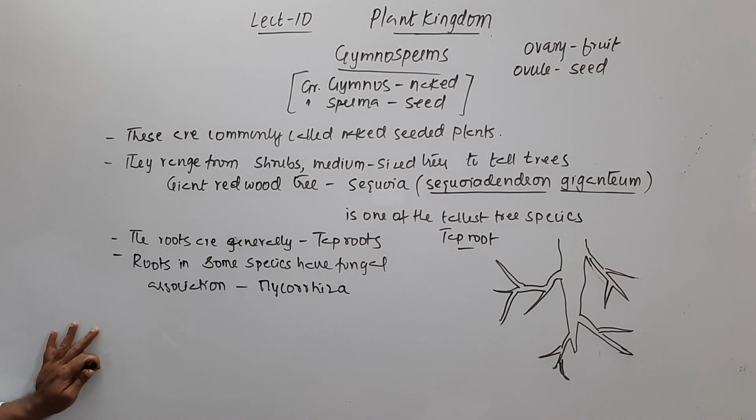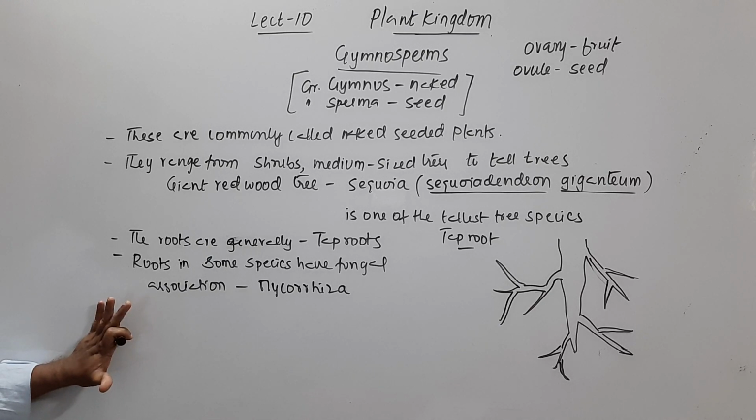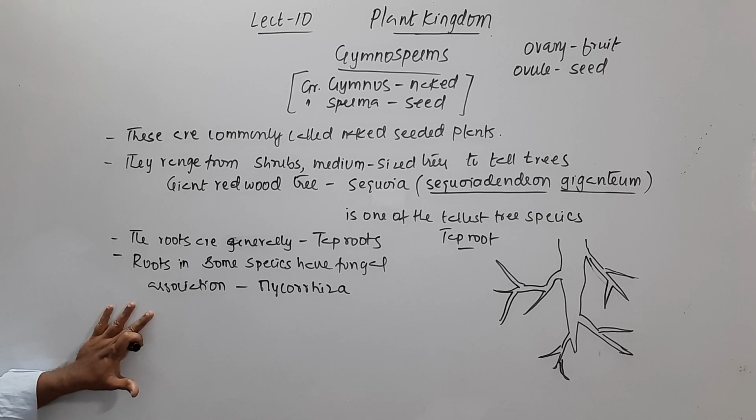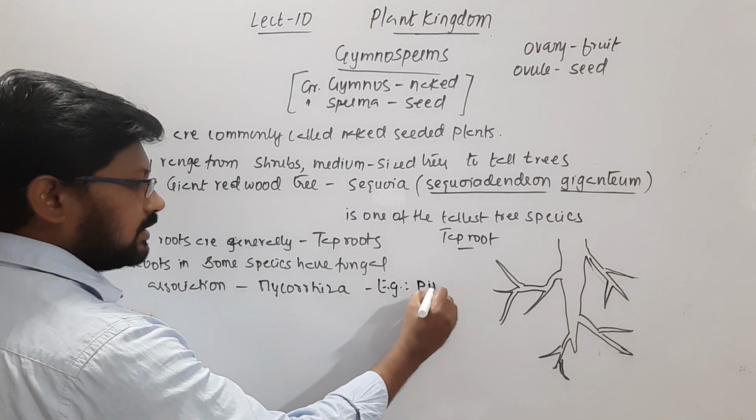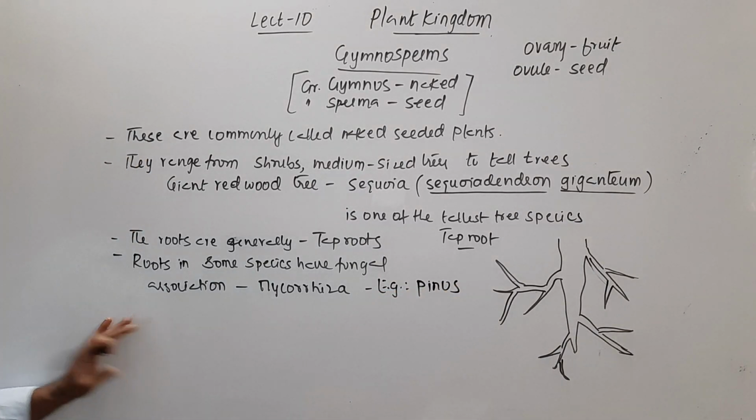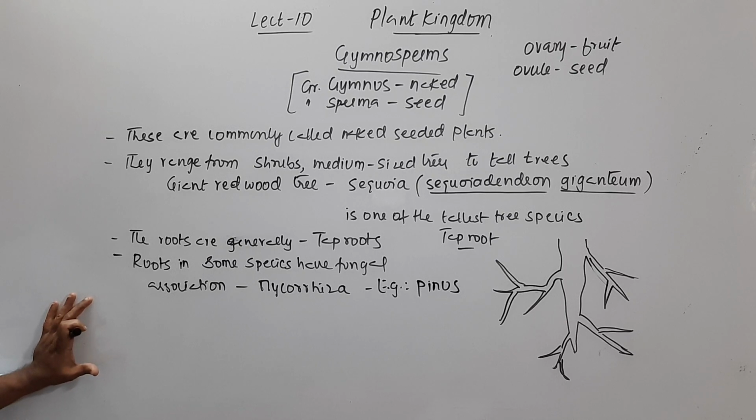Mycorrhiza is a symbiotic association between the fungi and roots of a higher plant. So in this group of gymnosperms, there are certain species that have fungal association with their roots, like Pinus. Pinus is a gymnosperm and it has mycorrhizae.